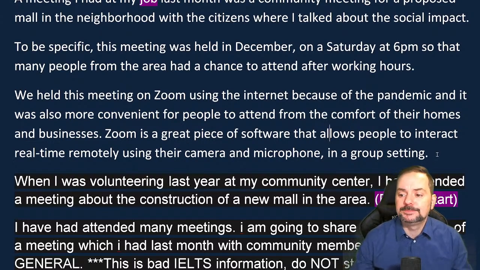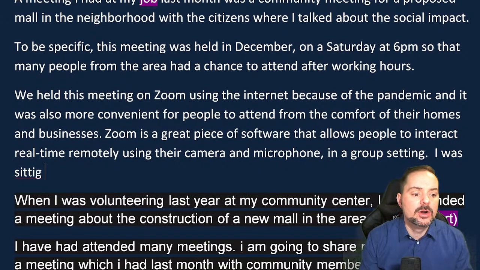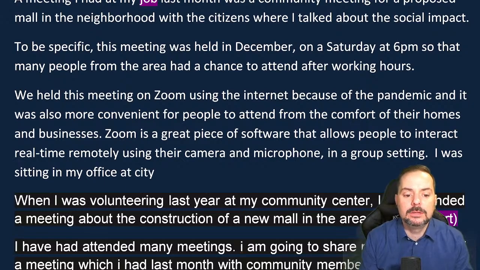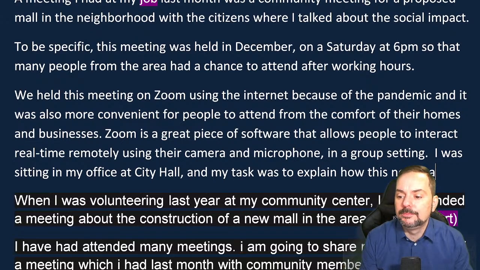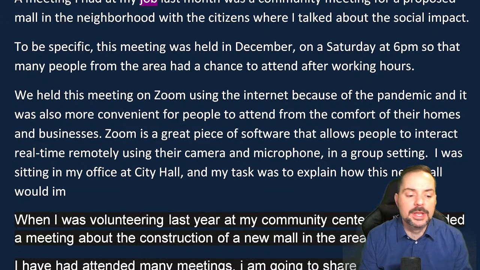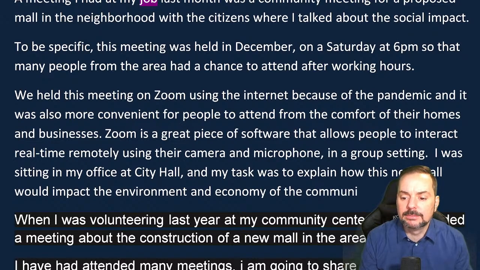So I was sitting in my office at City Hall, and my task was to explain how this new mall would impact the environment and economy of the community.